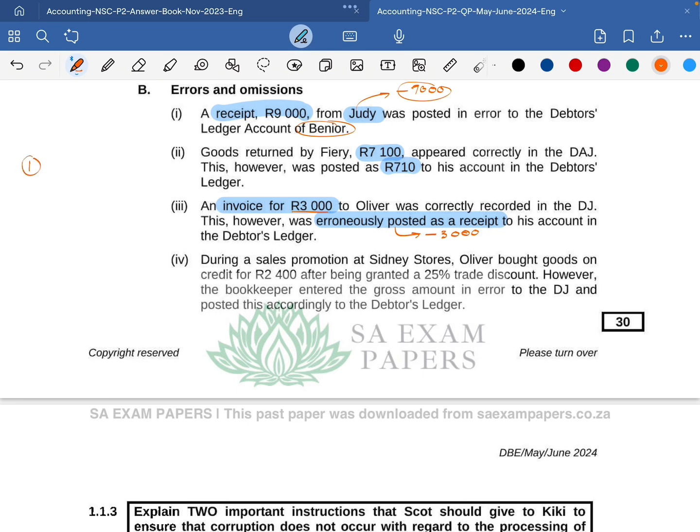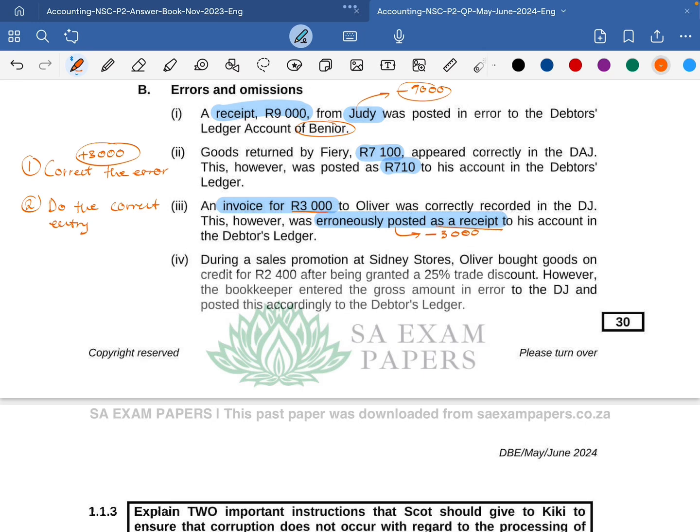So we need to do two things here. The first one is to correct the error, and then secondly, we need to do the correct entry. So correcting the error is now adding the first 3,000. So the first one is correcting the error, whereby we will add back the 3,000 that we would have erroneously posted as a receipt.